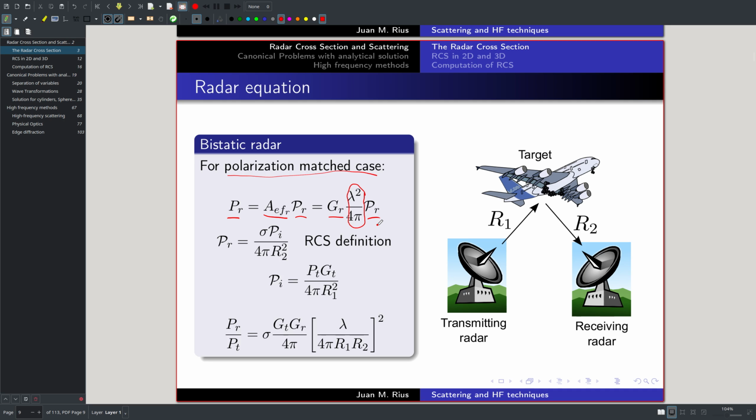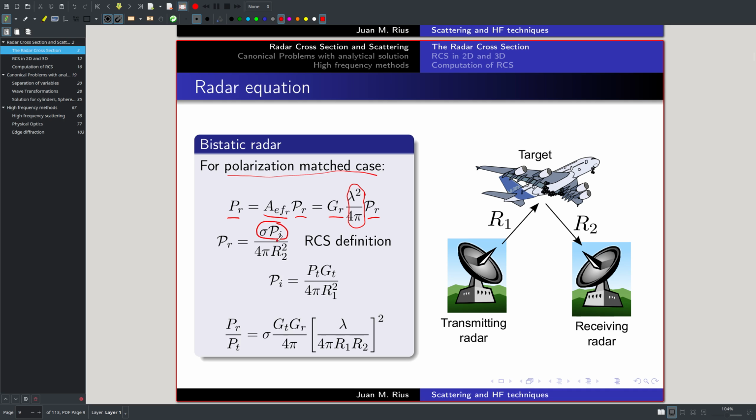Then the received power density is computed from the definition of RCS, and remember that in the definition of the RCS we said that the RCS is such an area that, intercepting the incident power density, this is the intercepted power.